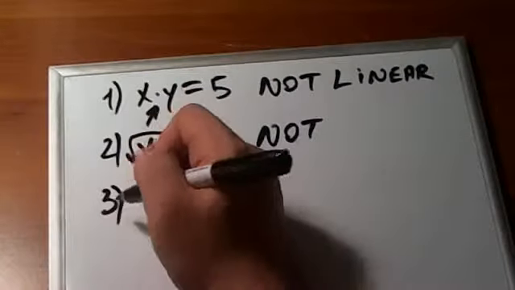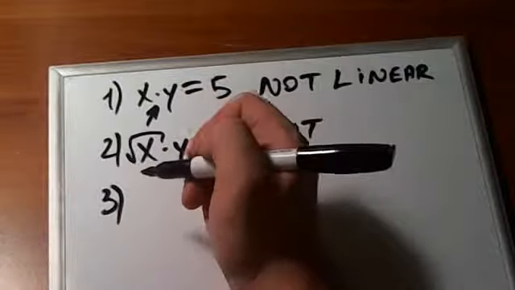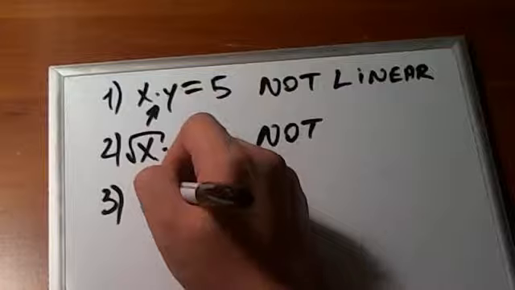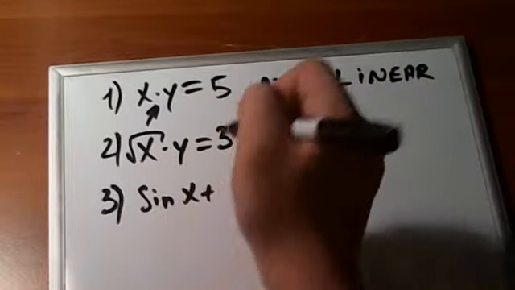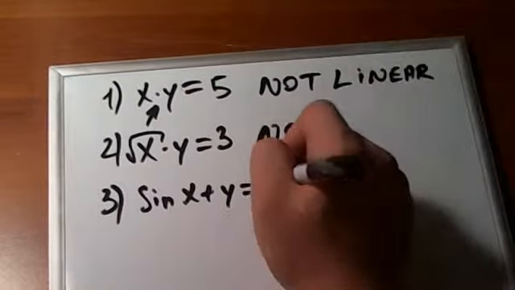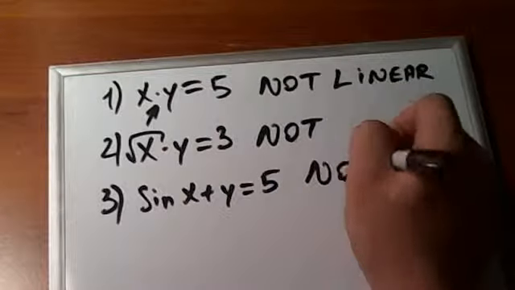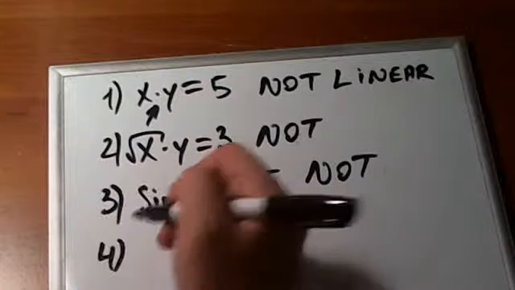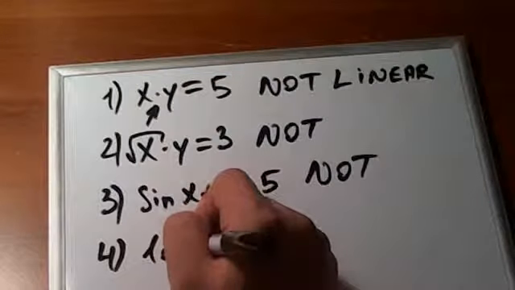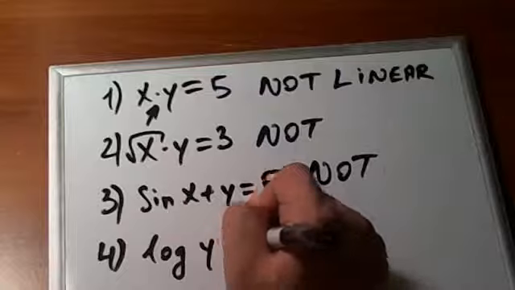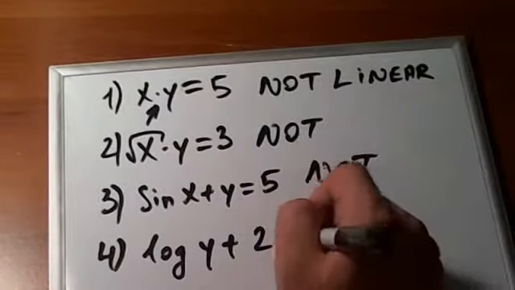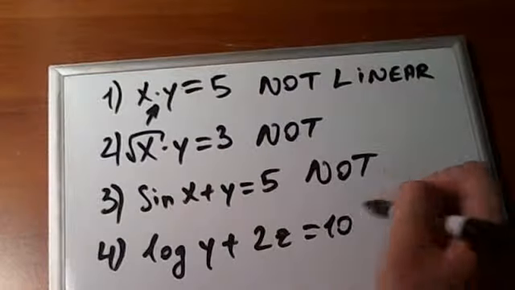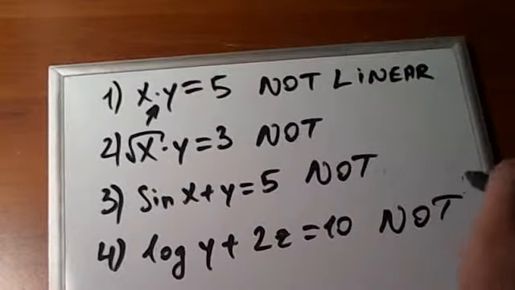When you see a trigonometric function, for instance, cosine or sine, it's not linear either. When you see logarithm, log of y plus 2z is equal to some number 10, it's not linear.